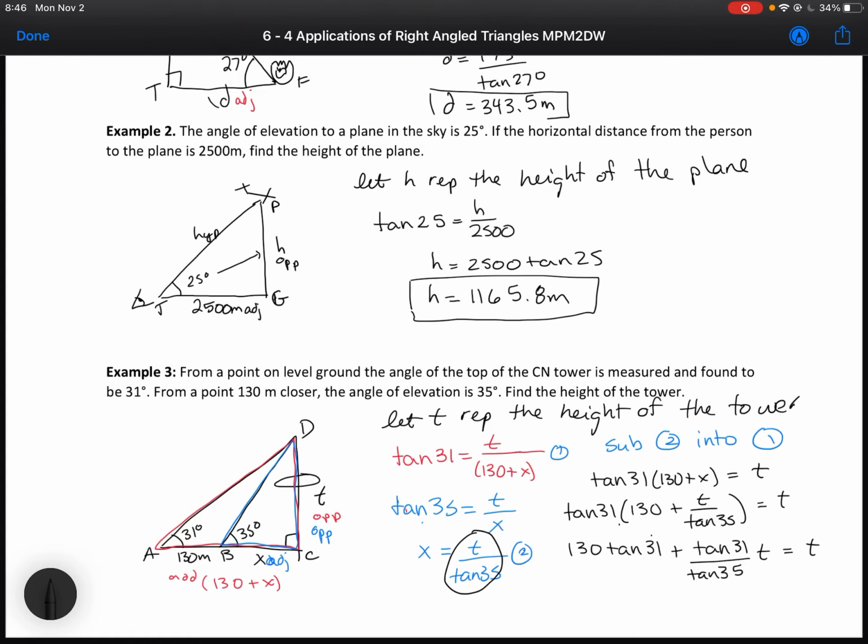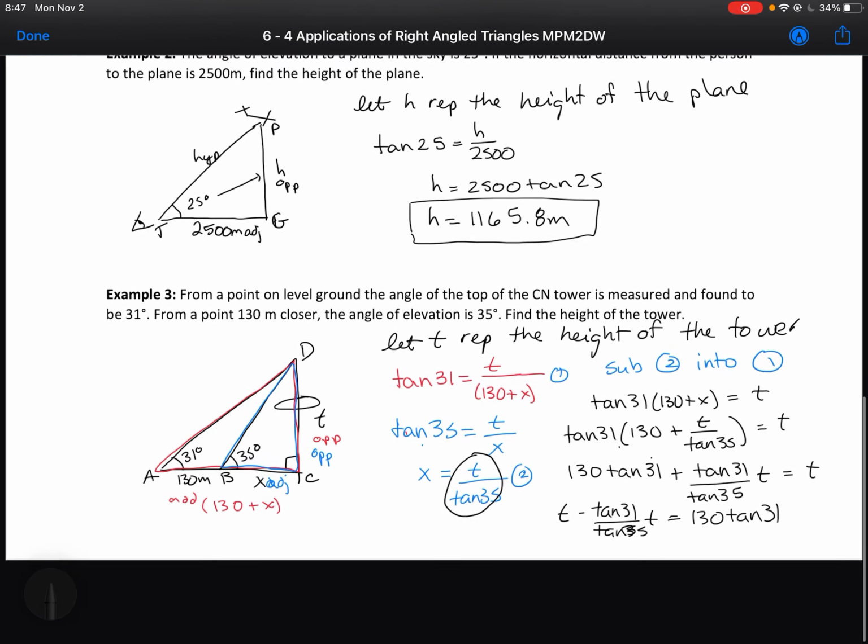So now I'm going to move my tan 31 over tan 35 T onto the left-hand side. And then what I'm going to get is that T minus tan 31 over tan 35 T is equal to 130 tan 31.